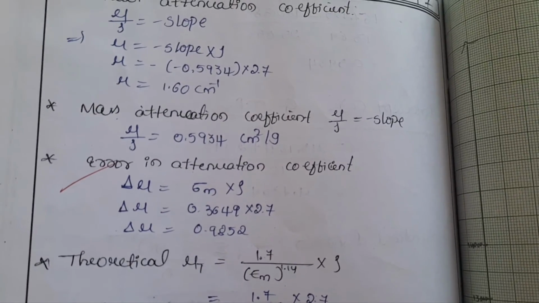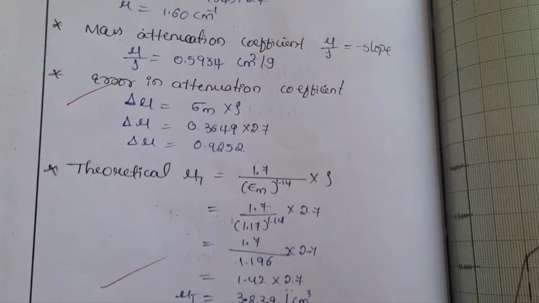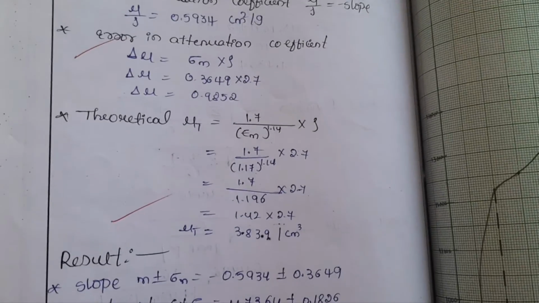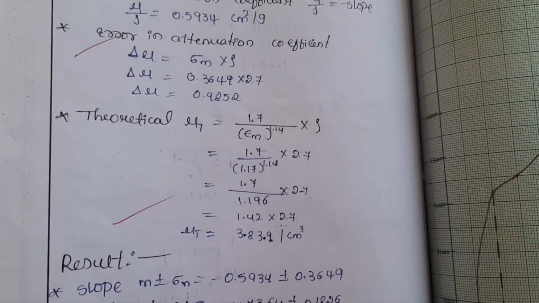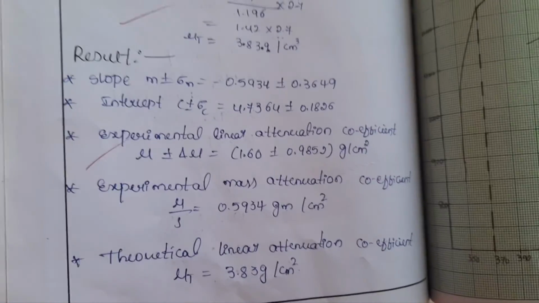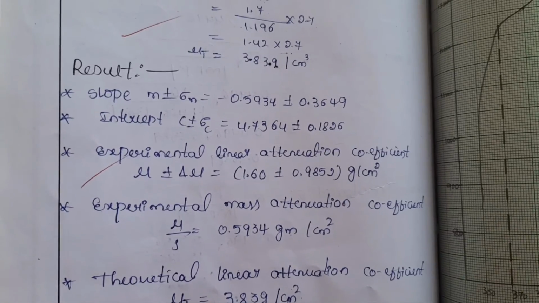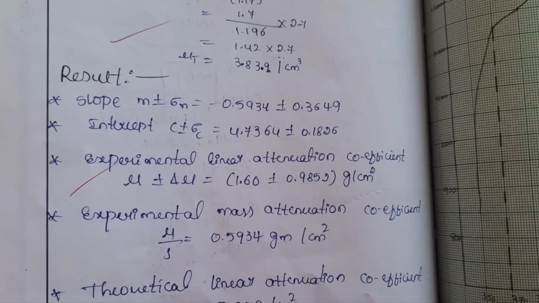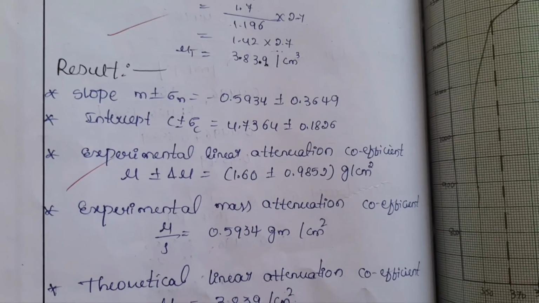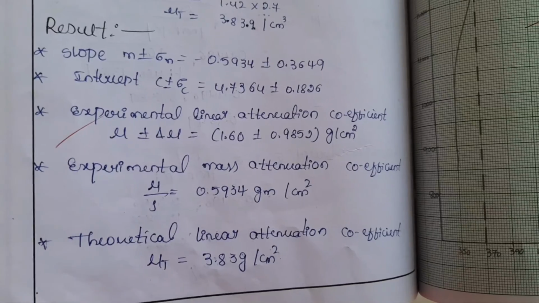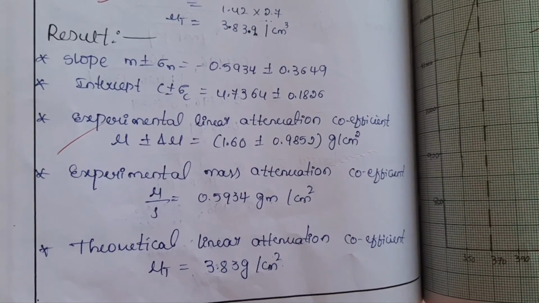Error in the attenuation coefficient you can calculate using the formula. Then the theoretical mass attenuation coefficient. Then you can write the results here: slope, intercept, experimental linear attenuation coefficient, experimental mass attenuation coefficient, and theoretical linear attenuation coefficient.